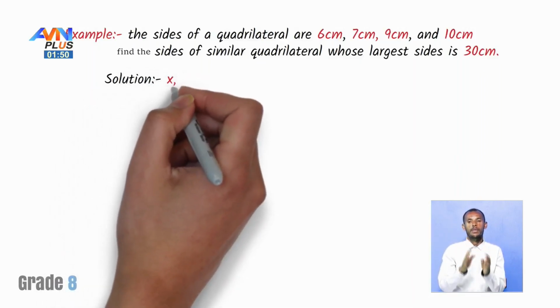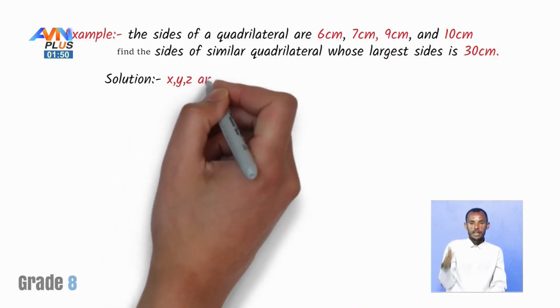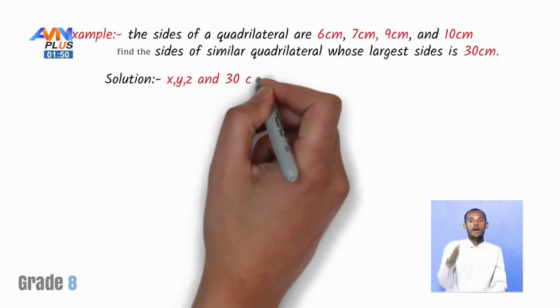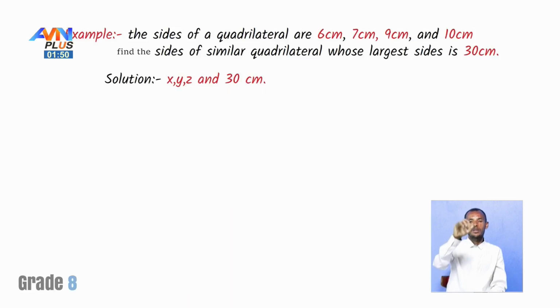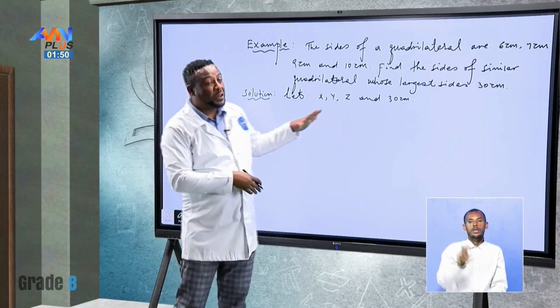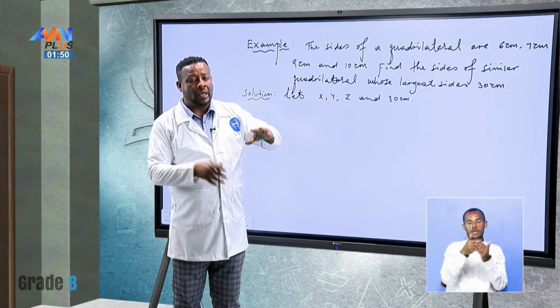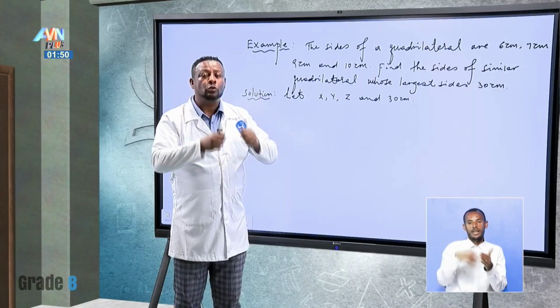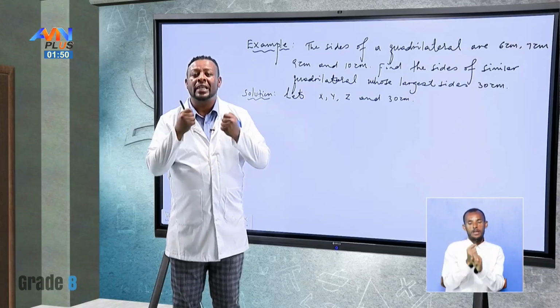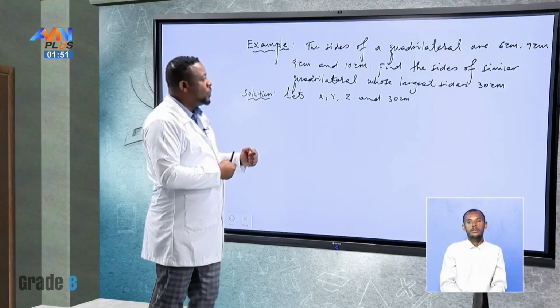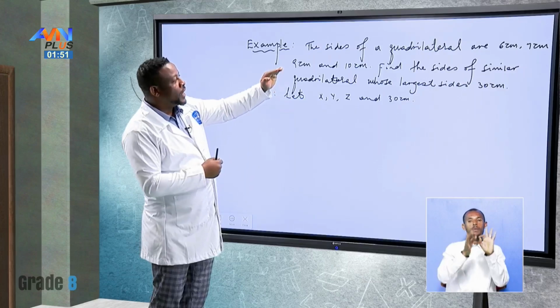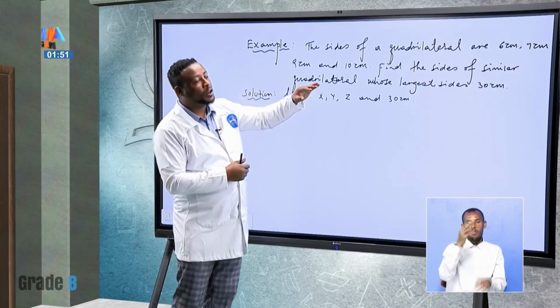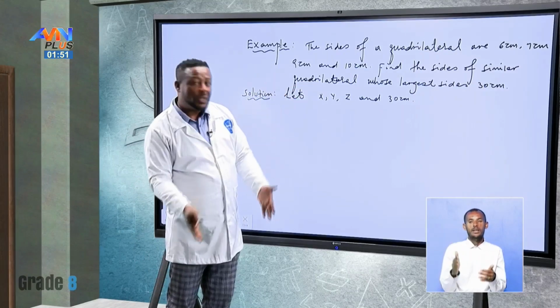Let the sides of the unknown quadrilateral be x, y, z, and the largest one is known, which is 30 centimeter, right? You can represent all the unknown sides by a certain variable, x, y, z. Then the next step is you need to properly apply the condition for similarities, right? So, by definition, the ratio of the corresponding sides must be the same.